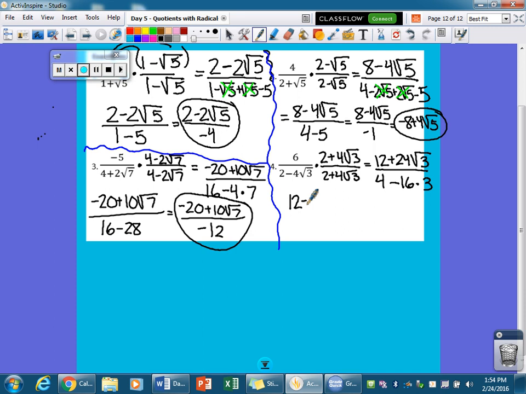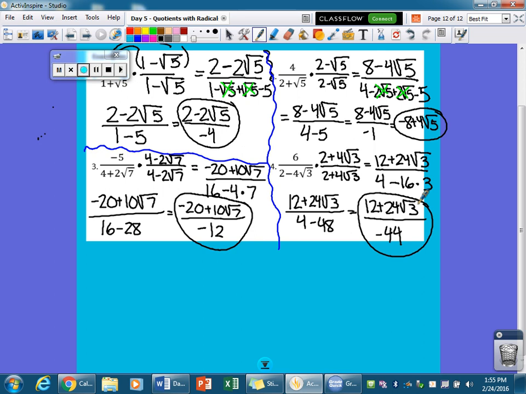So 12 plus 24 square root of 3 over 4 minus 48. So it's 12 plus 24 square root of 3 all over negative 44.